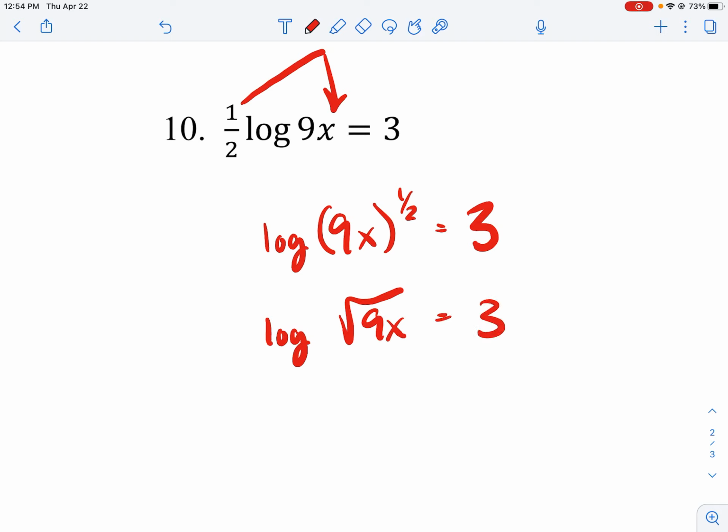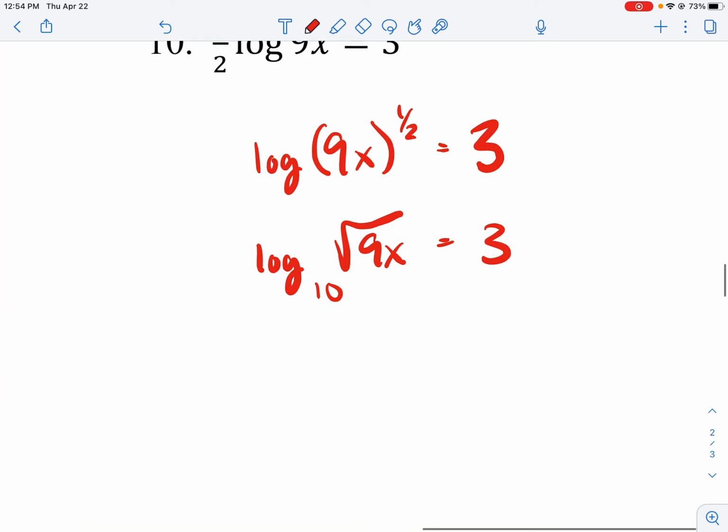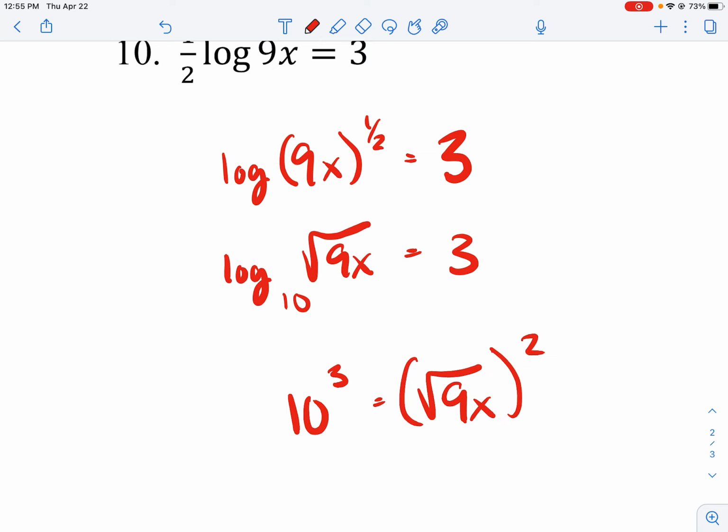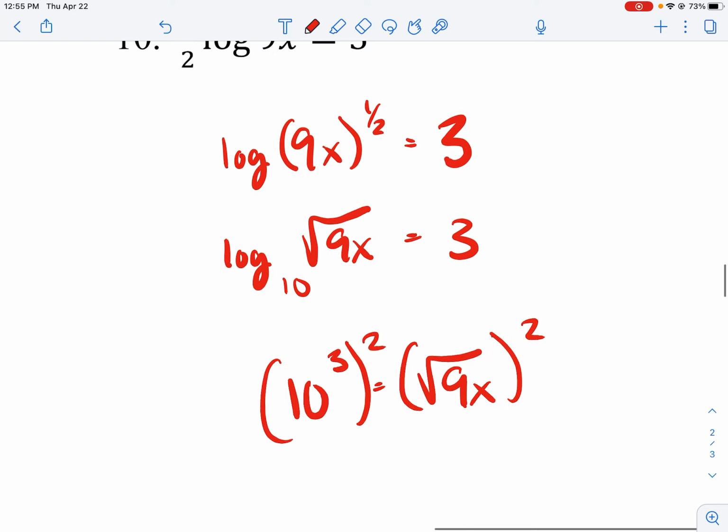Now we don't know our base, or at least they're not showing it, so we have to assume that it's a 10. So what we're looking for here is basically 10 to the 3rd power is equal to the square root of 9x. All right, and in order to find this answer, I take both sides and I'm going to square it.